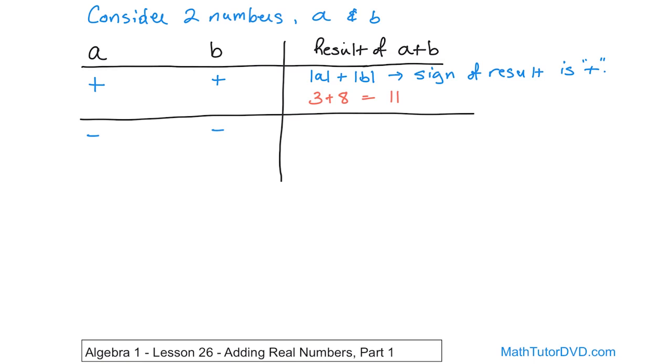So the way you handle it mathematically is you add the absolute value of A plus the absolute value of B. Okay, so you add them together, forgetting about the signs, to get the result, but then the sign of the result is always going to be negative. Because if you start out owing somebody money, which is what this number means, and you add to it more owing, or you owe somebody even more money, you're always going to get a negative answer. And so that's always going to happen.